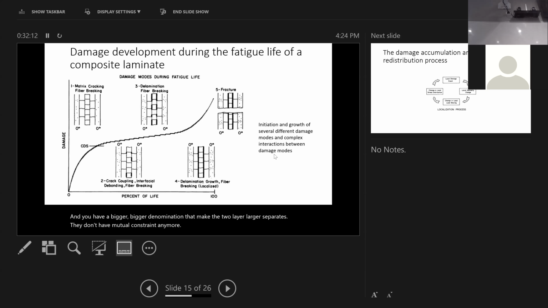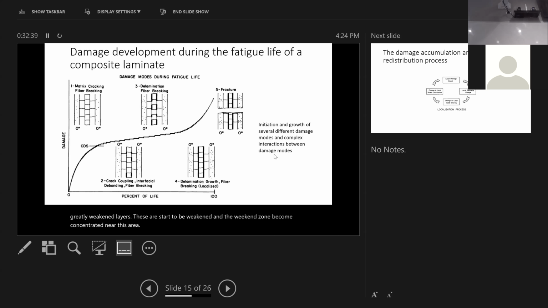And then you have more fiber breaking. At some point, the fiber breaking becomes localized. You have more fiber breaking near the tips of these. These layers are greatly weakened, and the weakened zone becomes concentrated near this area.